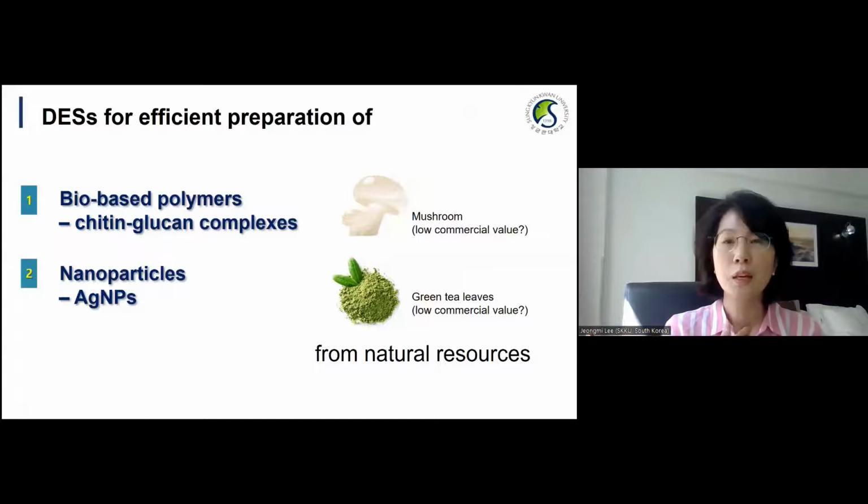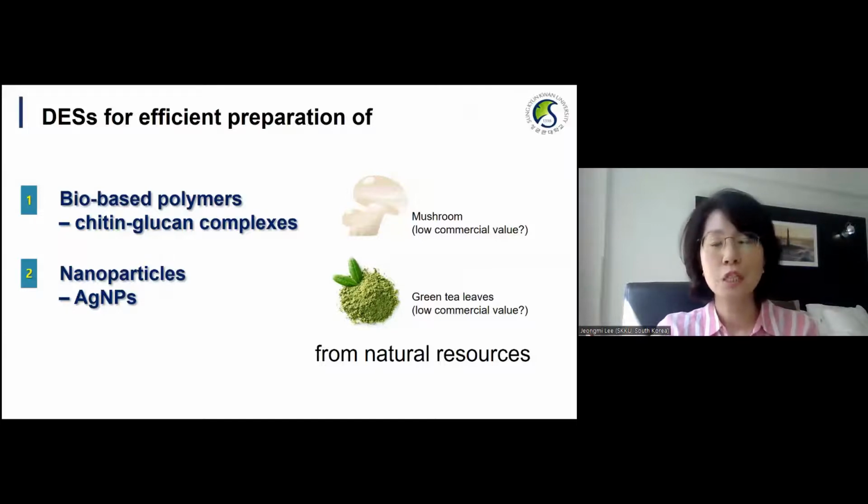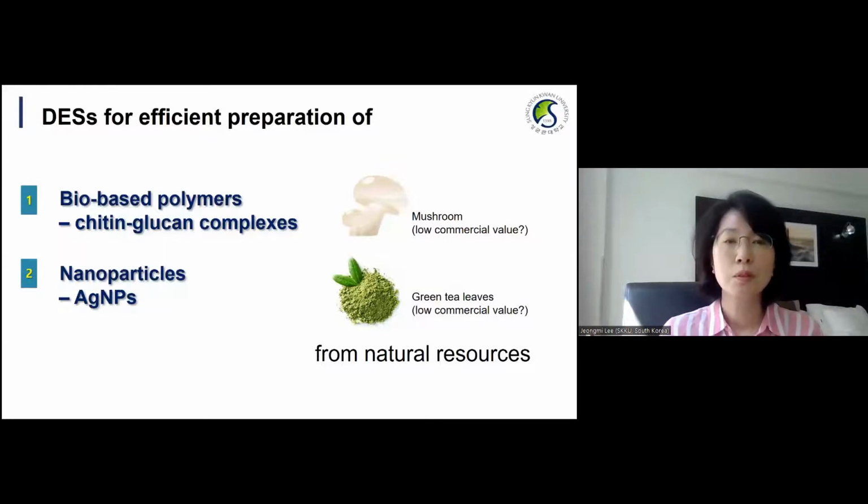Anyways, like I told you in the first slide, my presentation will be covering the application of DESs or NADESs to efficiently prepare two different types of materials from two different natural resources. The first part will be about the chitin-glucan complexes, which are bio-based polymers, and the resource will be mushroom.